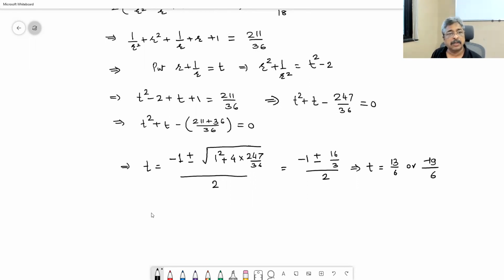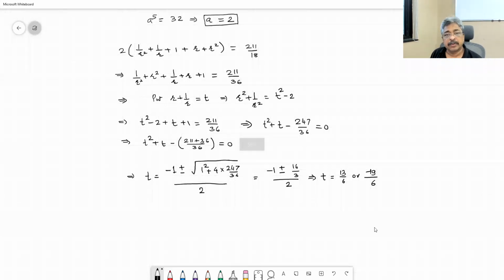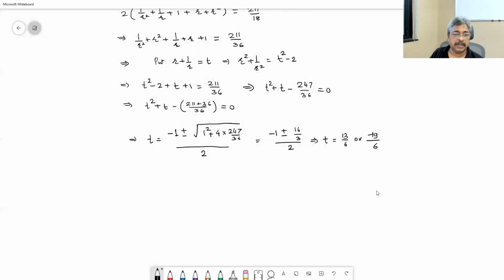That is what is available with us. We have to consider both these values of T and get back into R and find out the value of R.